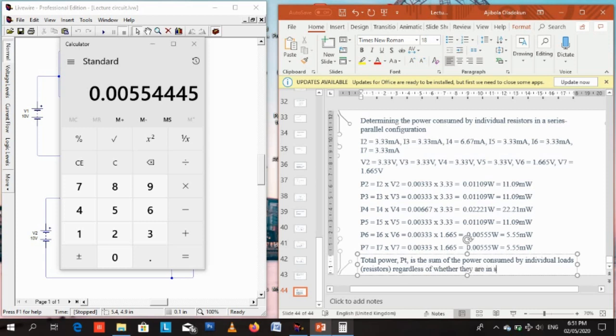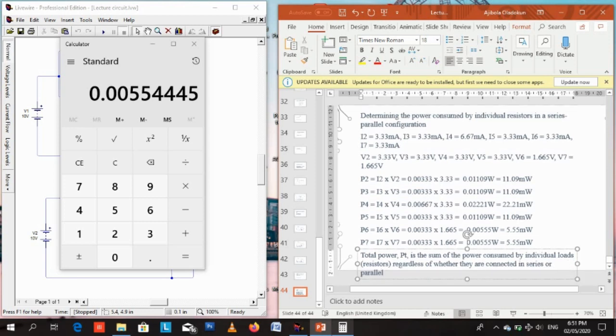Just add the individual power consumed by each resistor or by each load.